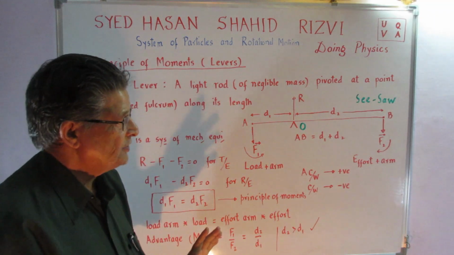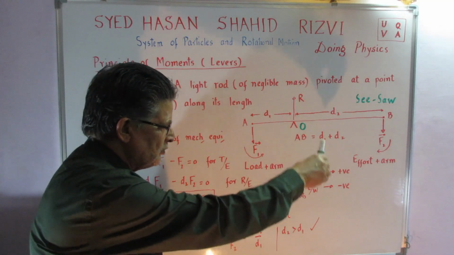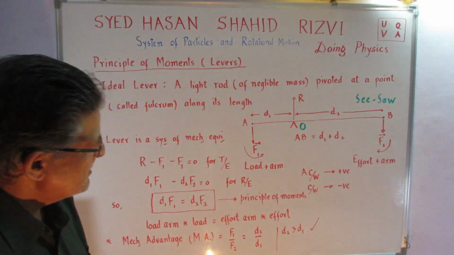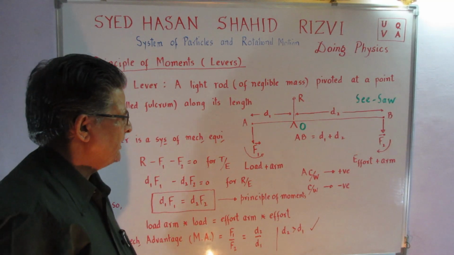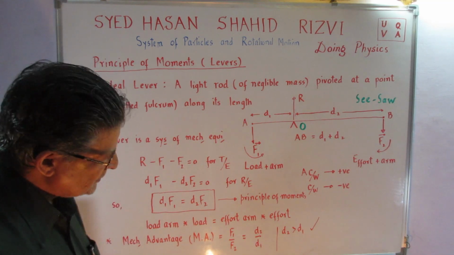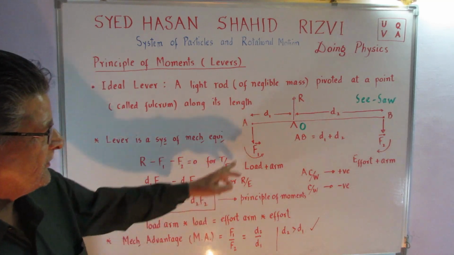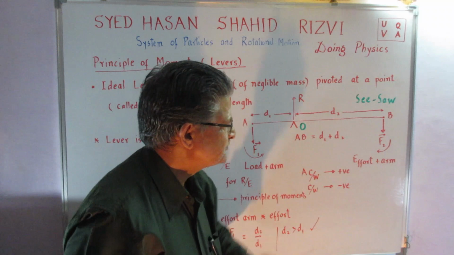Look here, both of these forces are vertically downwards in this particular situation, and therefore translational equilibrium does not exist if we look only at these two.